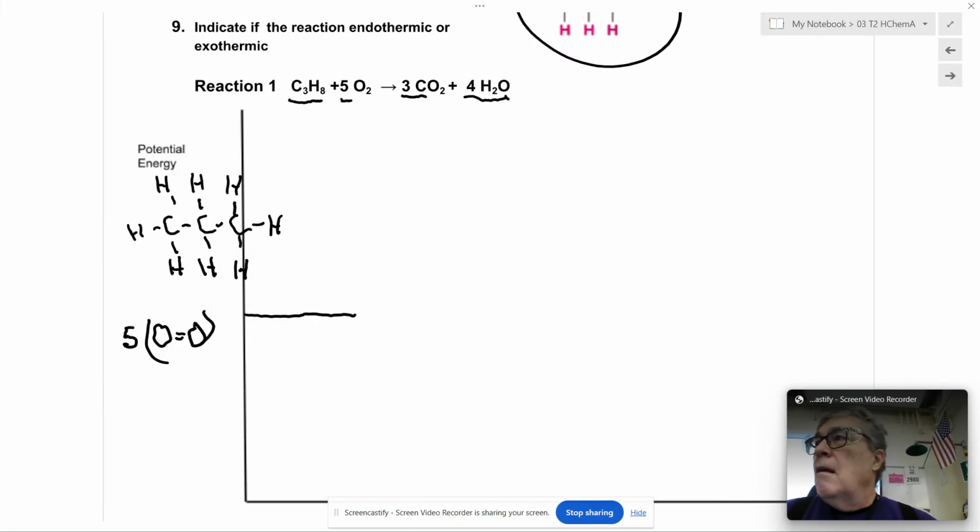I don't have a list of my bond energies. I'm going to grab that real quick. You have it just inside the front cover. Just inside that green front cover, you have bond energies.